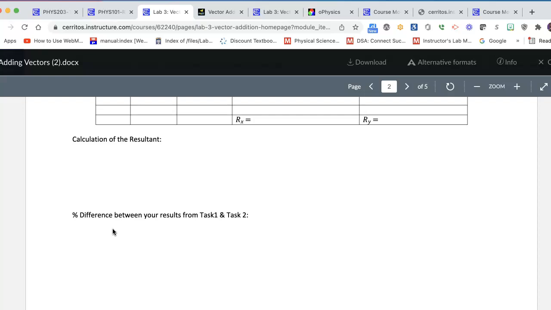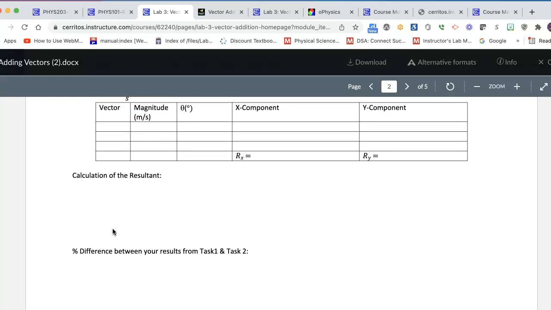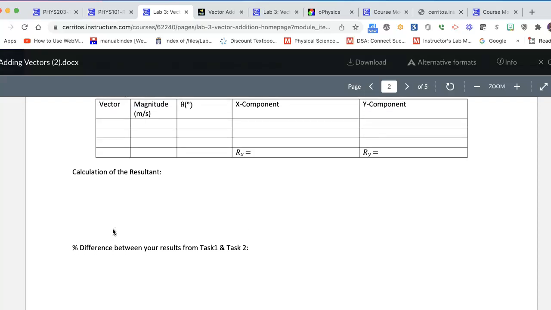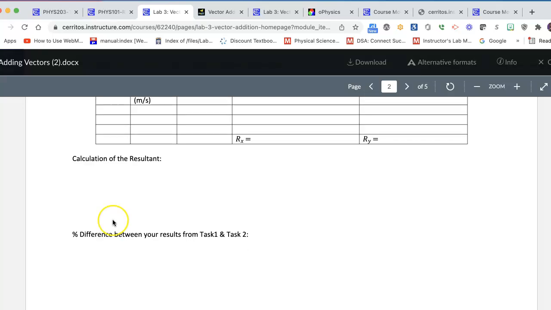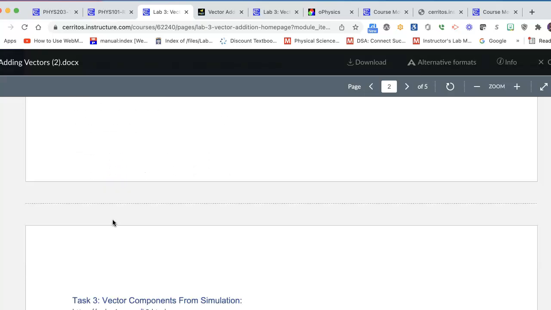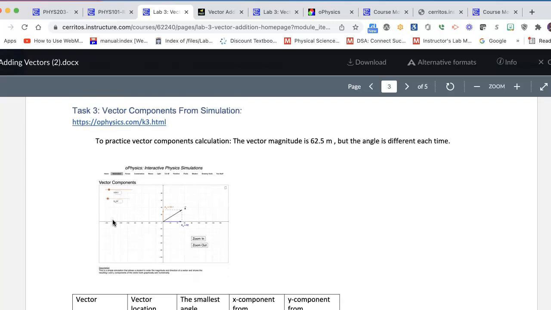Consider the first one as theoretical and the second one that you have calculated as experimental. You need to find the percent difference for two quantities. One of them is the magnitude and the other is for the direction. Then these are task 1 and task 2.